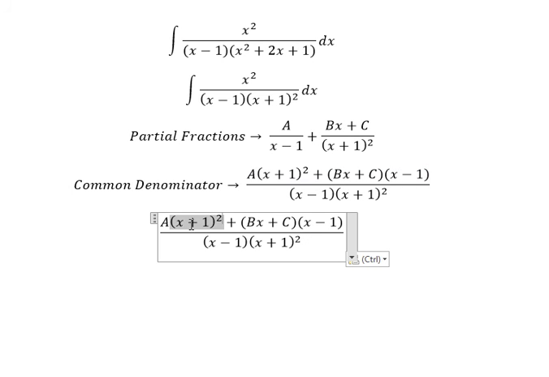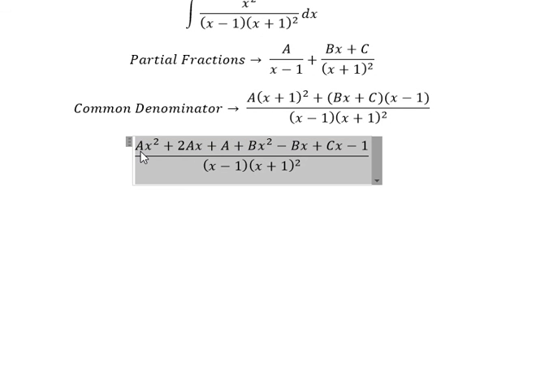For this one, you got A x squared plus 2Ax plus A. This one, you got bx squared minus bx plus cx minus c.